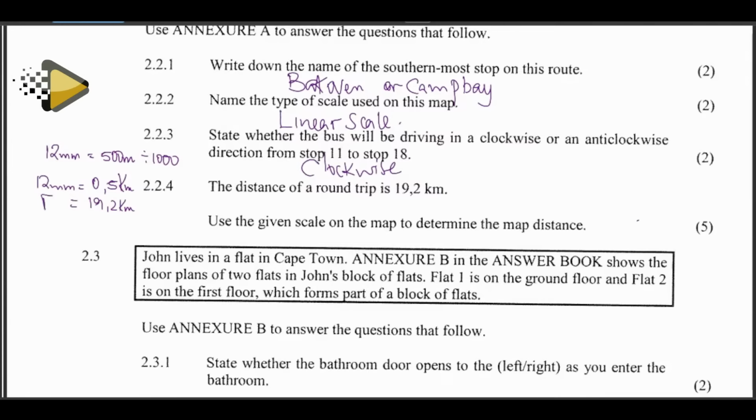So they have given me the distance as 19.2. What will it be? All I need to do is to cross multiply, which becomes 19.2 times 12 equals 0.5 times the answer.